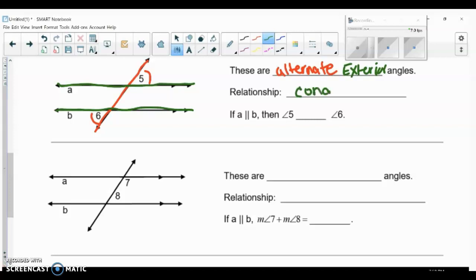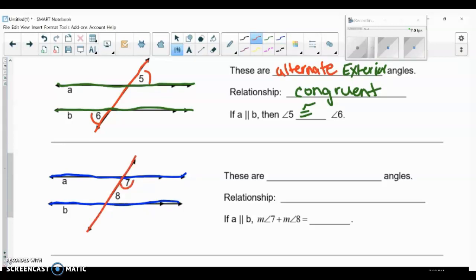And these are also congruent. So we're seeing some patterns here. There's lots of congruent angles in these sections. So let's see if the last one is also congruent. In this case, it kind of looks like they might not be, because it looks like angle 7 is a lot bigger than angle 8. So we might be in for something a little bit different.